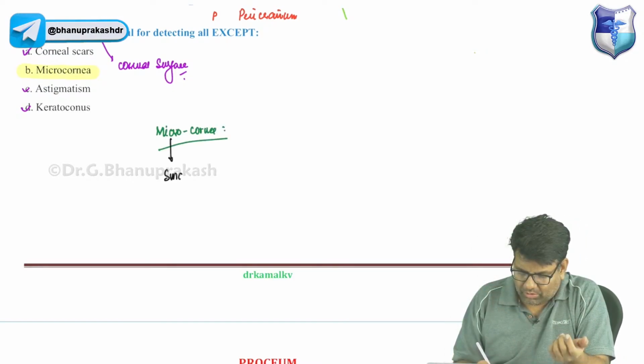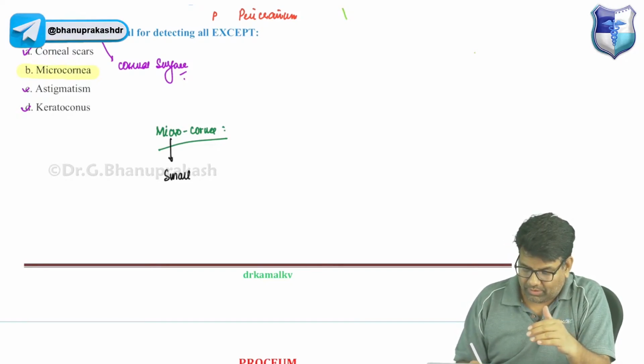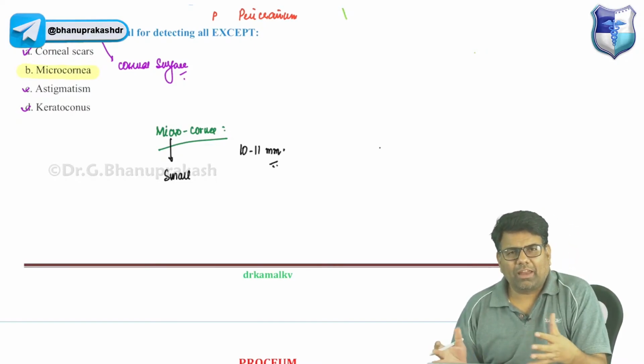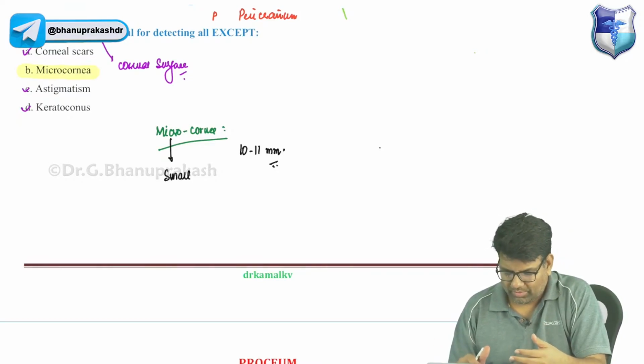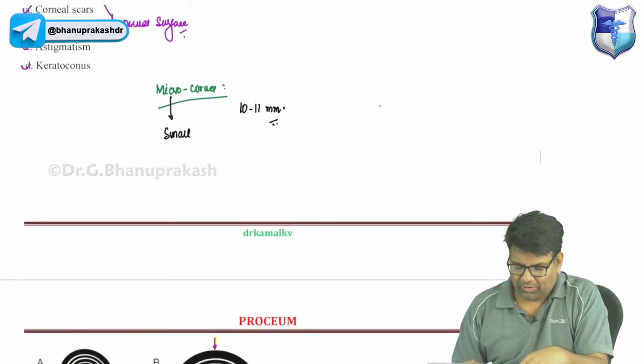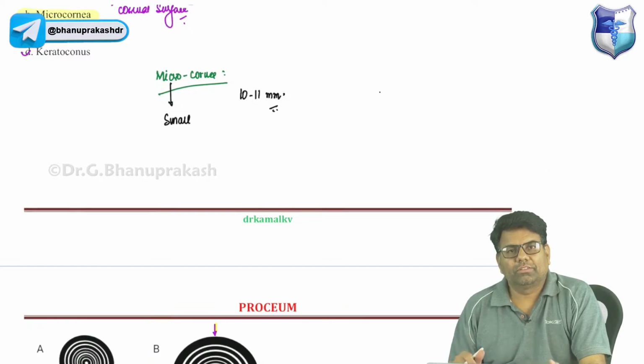The horizontal diameter of the cornea is about 10 to 11 millimeter. Right? So this is microcornea, and this can be measured by caliper or ruler. So microcornea is a different entity, and it won't show any irregularity on the surface of the cornea.